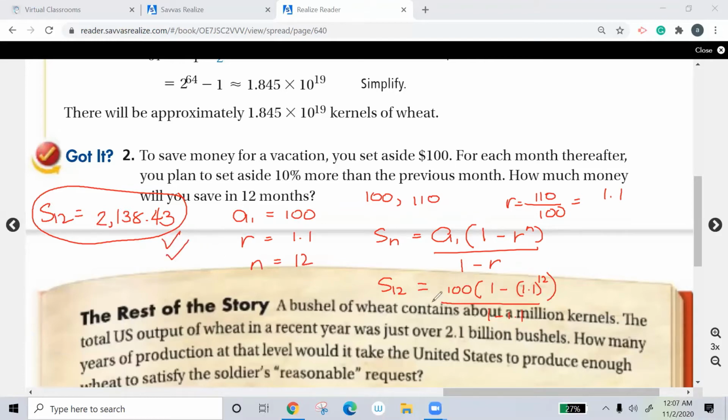If you want to do it manually, you can do 1.1 raised to 12, subtract it from 1, multiply it by 100, and divide it by the difference of 1 minus 1.1. It will give you 2,138.43. That is for Got It number 2.